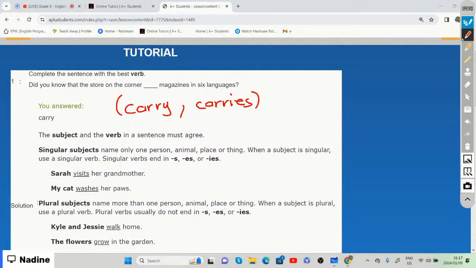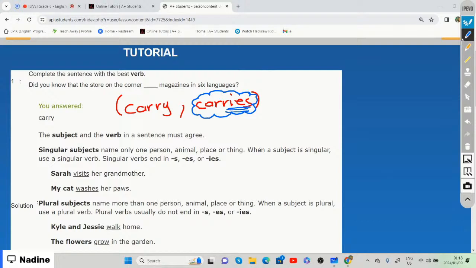All right, so if we look at the correct verb or the best verb, then we are going to choose carries, right? We're going to use carries because it is a singular subject, which means that we need to have a singular verb that ends in ies, right?